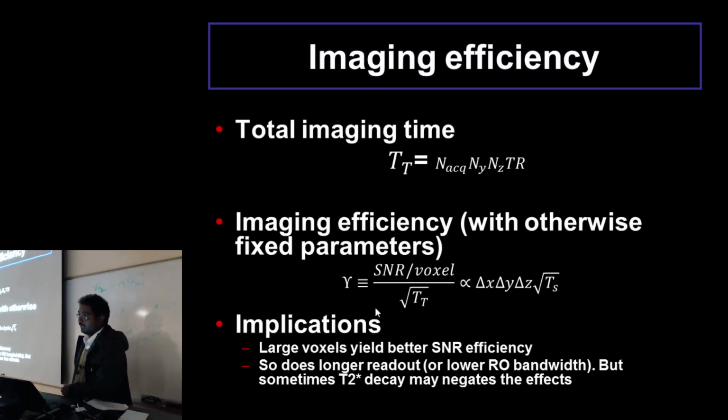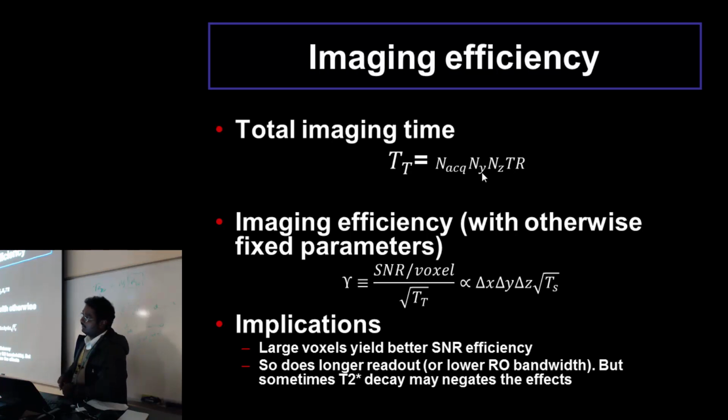You're going to take half the time, as long as you're okay with NY being half in the phase encoding direction. So your voxel size along the phase encoding direction, with the field of view the same, but your NY is NY by 2, means your voxel size is increased by 2, everything else remaining constant.